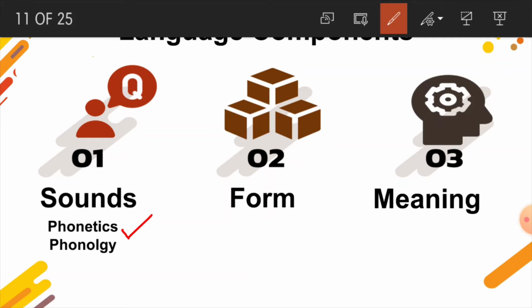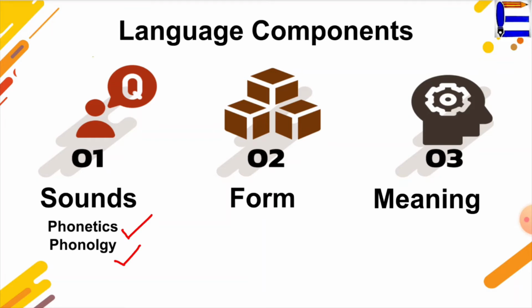Another branch of linguistics very close to phonetics is phonology, which is the study of sound patterns and their mental blueprint. Our entire speech is based on sound patterns. These two branches are very closely connected, and poor learning in either of these may affect the language of an individual.